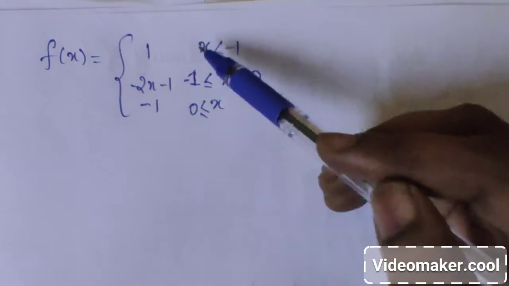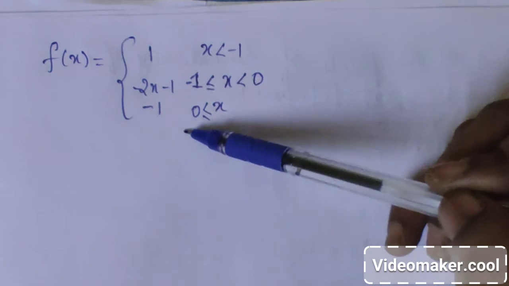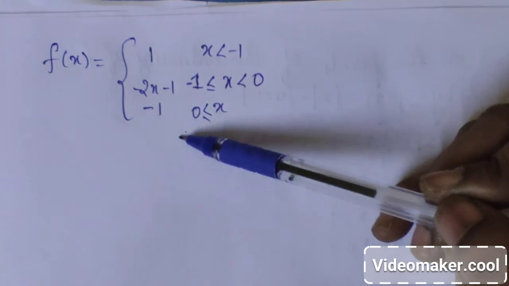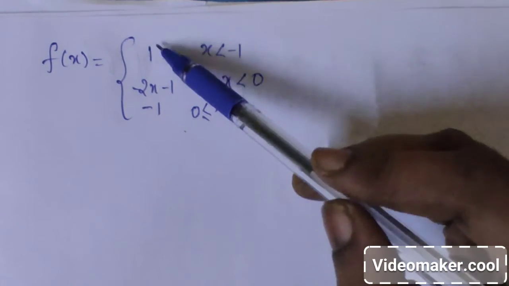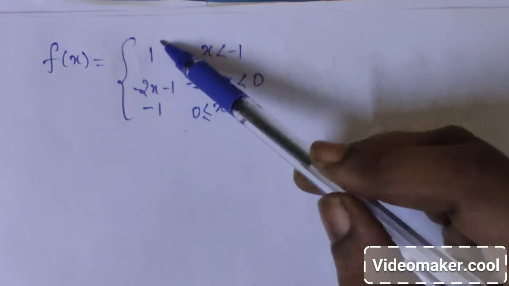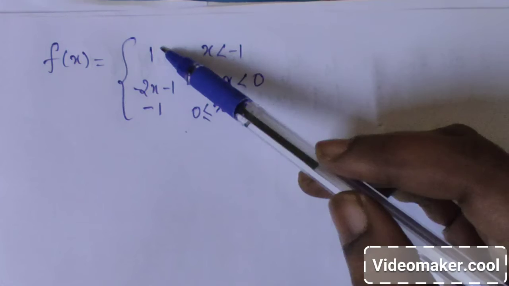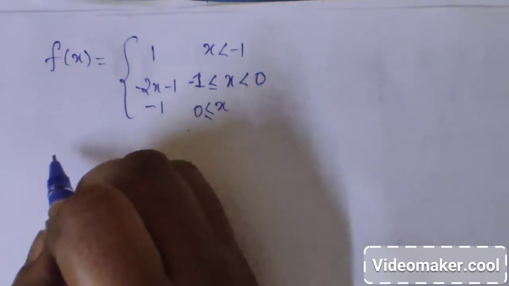Here I have represented the same given function in interval form. Now we will check the continuity of the function. For all x less than -1, the function has one as its expression, so it is a constant function. Now we will check the functional value.